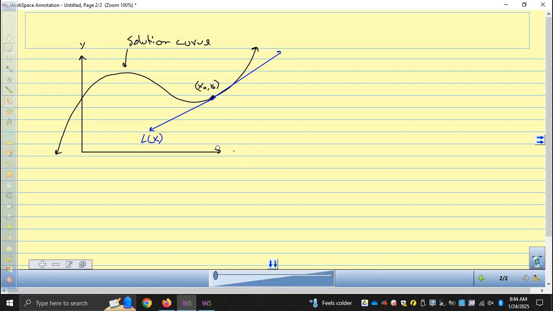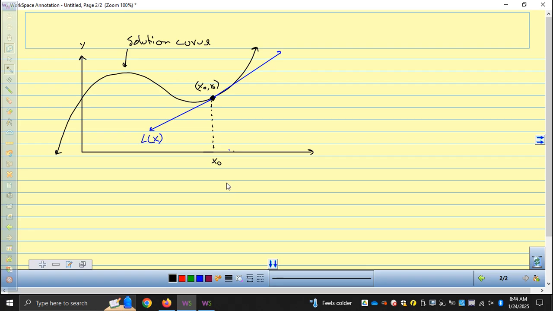I'm going to extend my x-axis a little bit. I need it to go a little further out here. So what we're going to do, we're starting here, we construct our tangent line, we have that equation, and this is our x0.